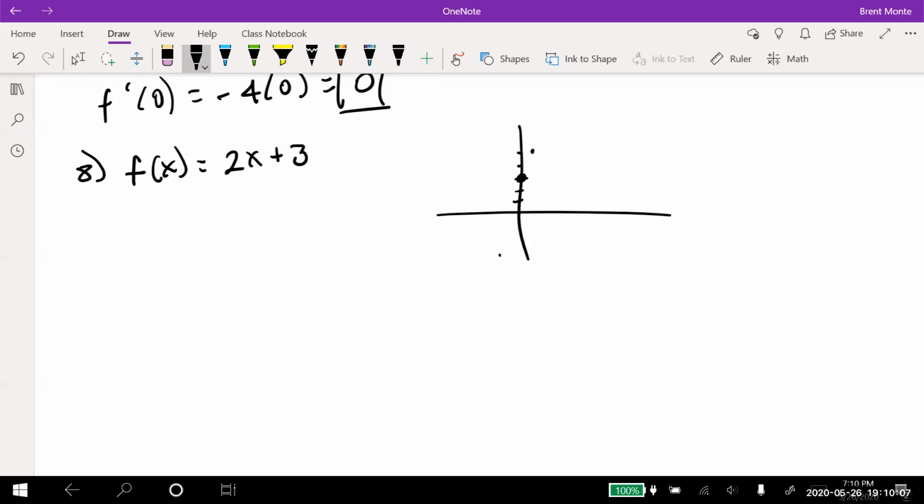So the graph looks like this. If I find the derivative f prime of x, oops, I forgot my limit. If I don't do the limit, it's just the slope of the secant line. It's not the slope of the tangent line.